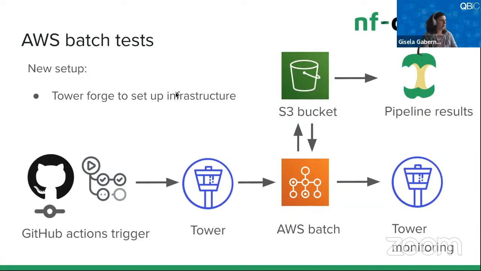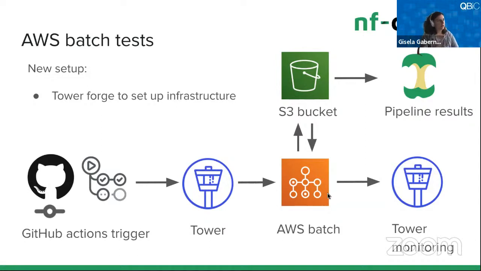So how does the workflow look at the moment? We have a GitHub Actions trigger, and this trigger basically then runs the GitHub Actions workflow that I'm going to show afterwards. And this workflow basically submits the pipeline job using Tower Launch to AWS Batch.